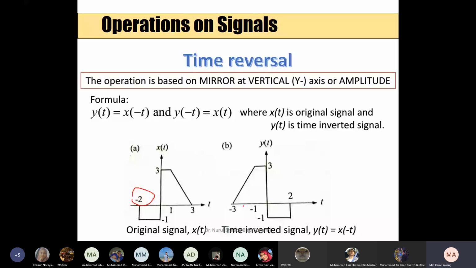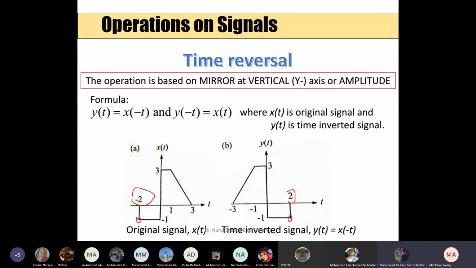Actually, if we draw, we can start from here. Then you can plot. But in this case, basically y of 2 is equal to x of minus 2. We just take the value of here, which is here, and here.